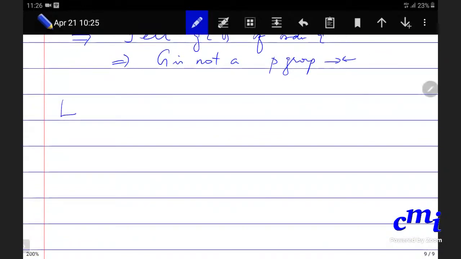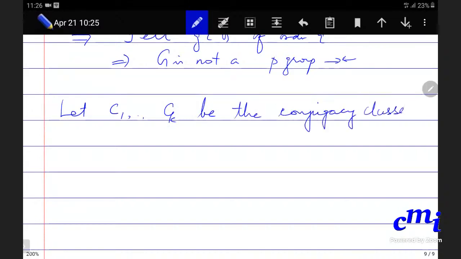So let C1 up to Ck be the conjugacy classes. Okay, so let G be a finite P group. This is the end of the proof.